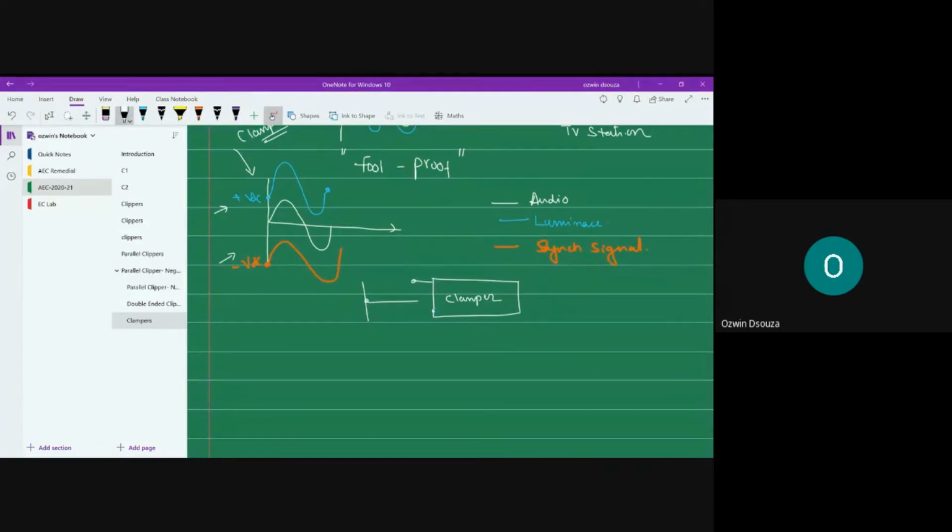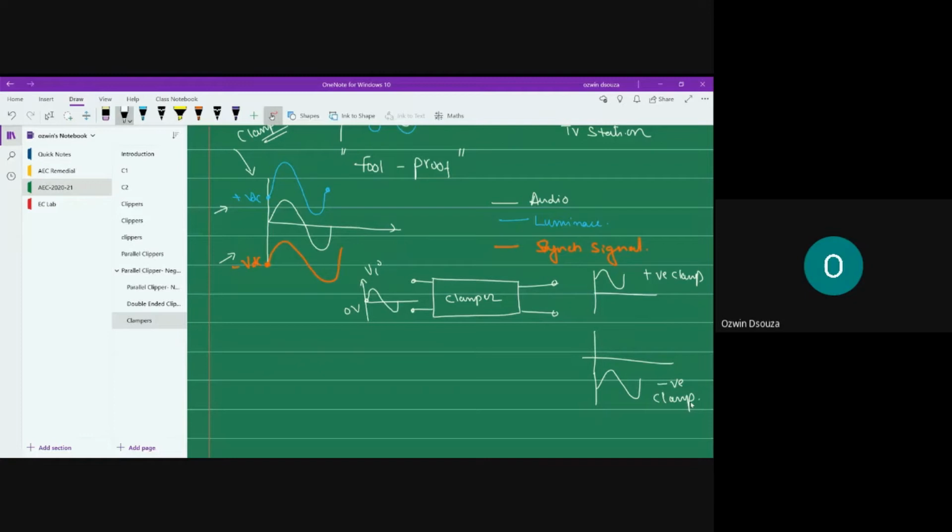Across the input terminals of the clamper, you give a 0 volt level signal, whereas across the output terminals, you can get either a positive clamp or a negative clamp. That's the brief introduction of the clamper circuit.